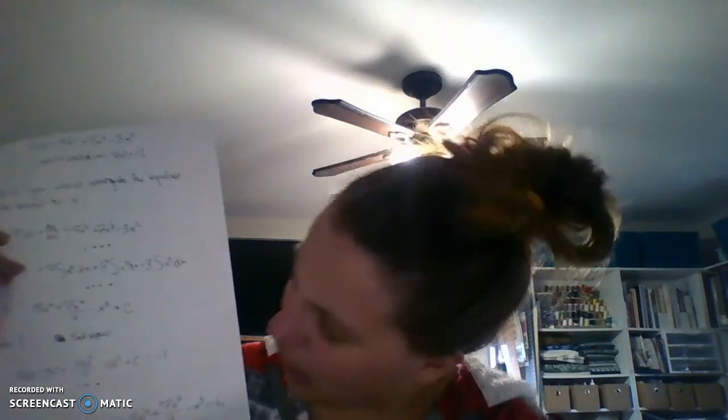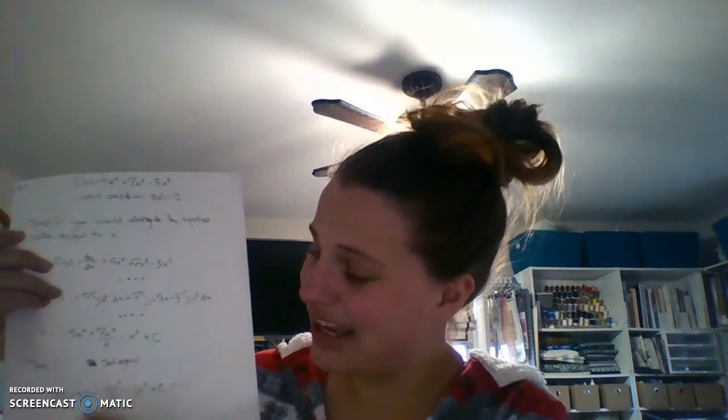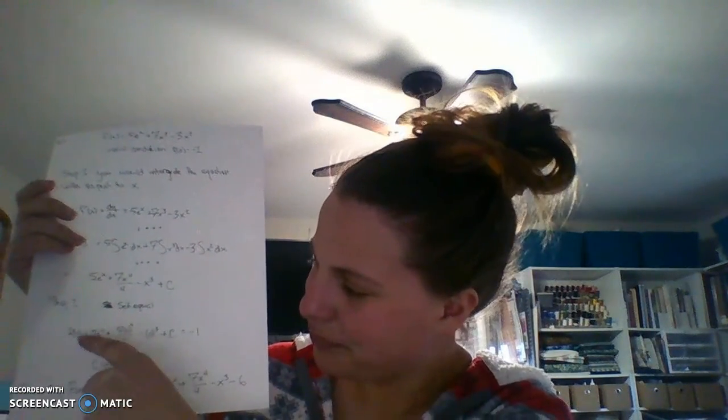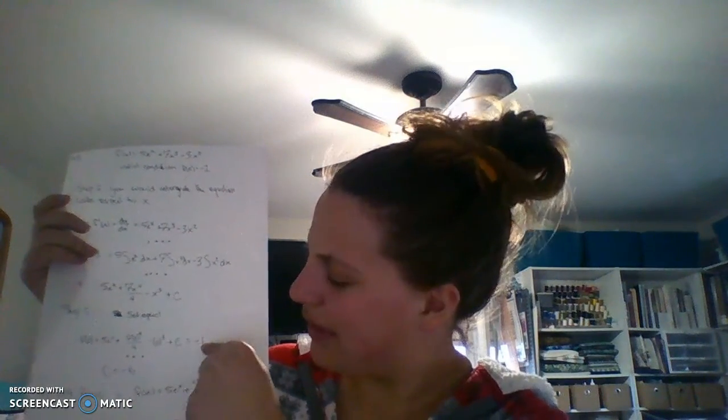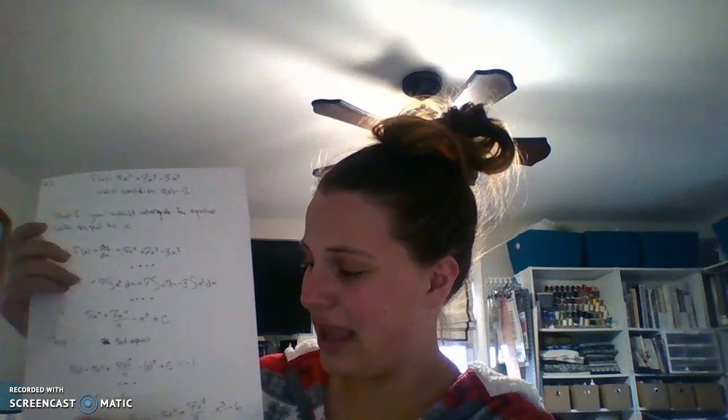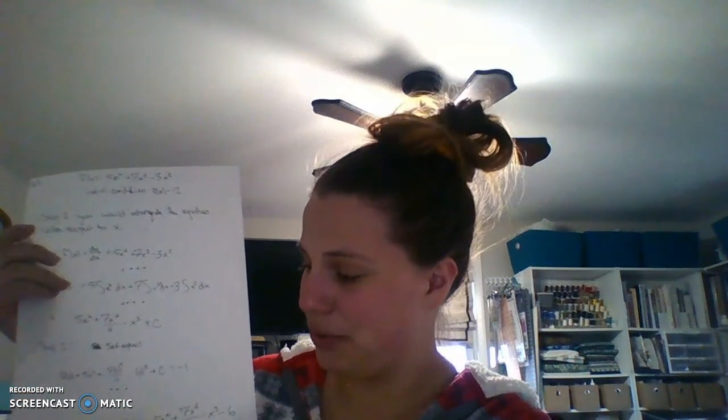Then for step 2, you plug your initial condition into your equation. So this is what I did. f of 0 equals this, and then -1. Then you find your c constant, and you plug it into the original function.